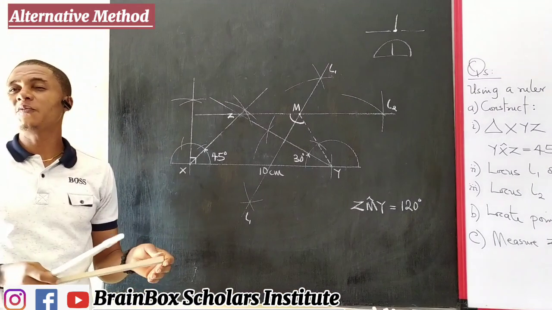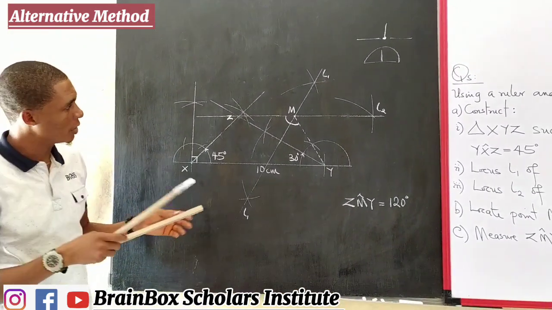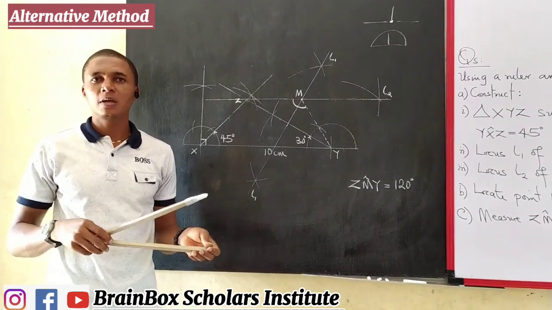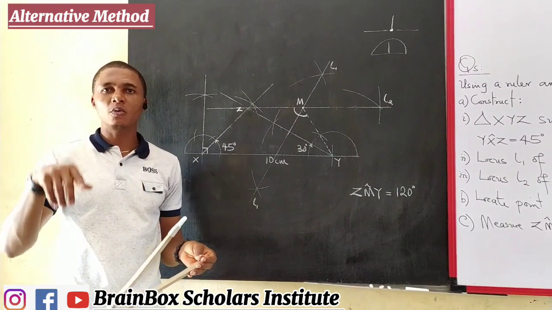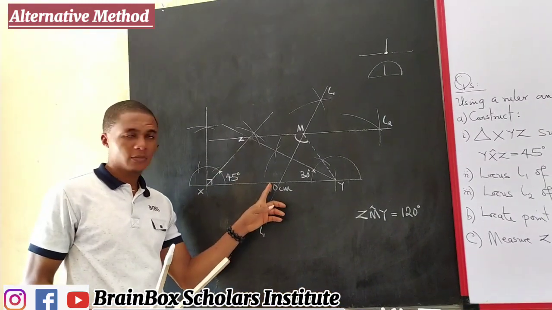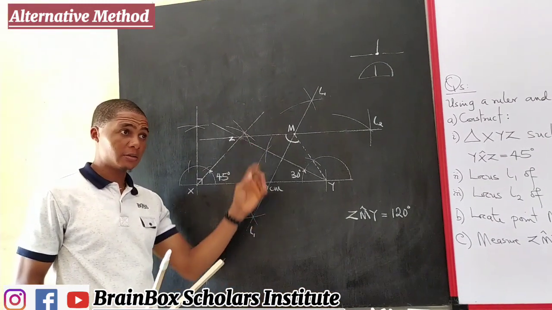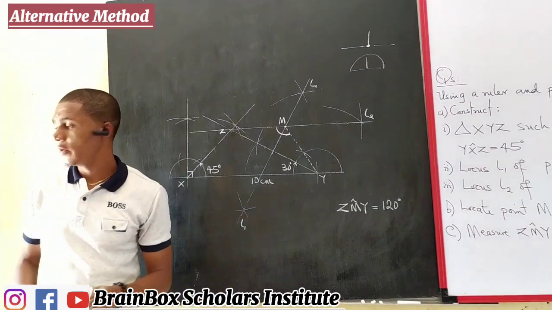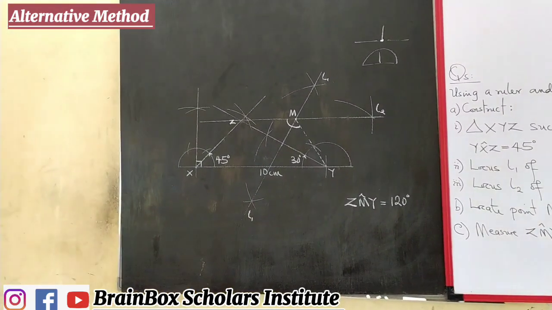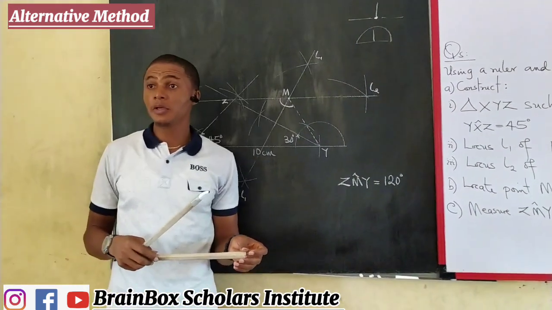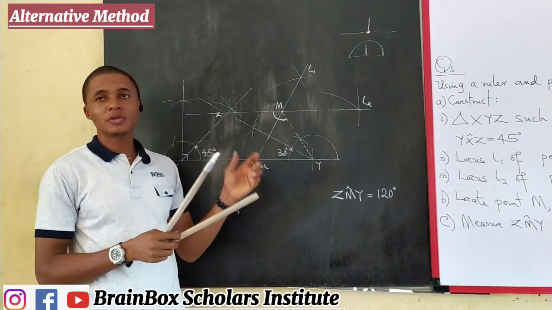Now, look at the first one I taught you. That first one says, draw a semicircle whose radius is equal to the distance between the two parallel lines. Are we following?